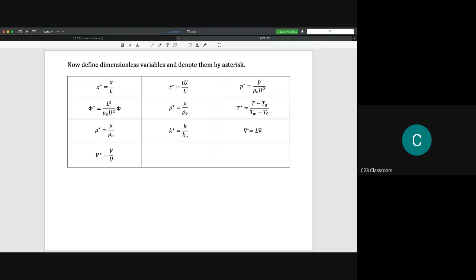We are not using phi, so we have the rho star here, which means the current existing density divided by its reference value. So this is the change of density and so on and so forth.